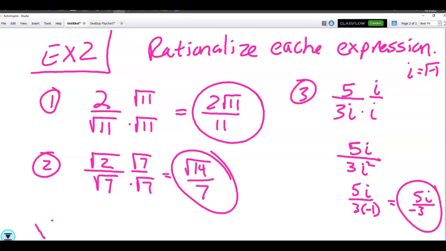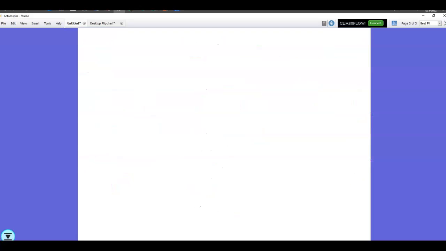Am I good to clear? Yeah, let's do one. Let's see how you guys do. I'll just give you two, and then that'll be it for today. Let's see, square root of 5 over the square root of, let's say, 2, I guess, and then see if you guys can do those two.